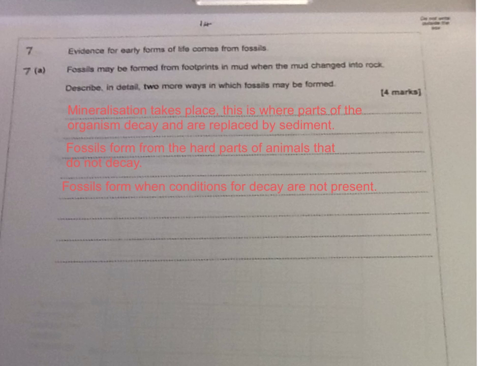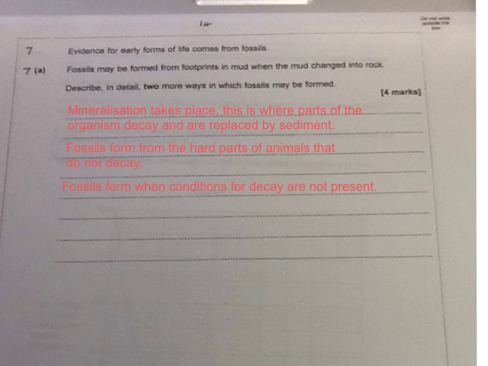So it's when there's no oxygen present, it's when it's a really dry environment, so there's a lack of moisture, and it's also in an environment where there is a really low temperature, so when fossils can be formed or preserved in ice. The other one that it would accept on the mark scheme was fossils being formed in amber as well.